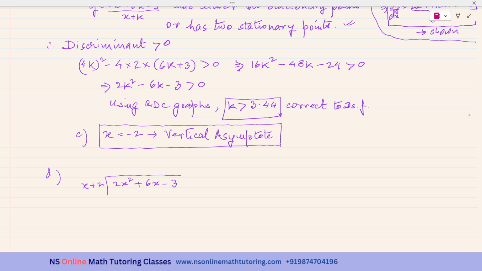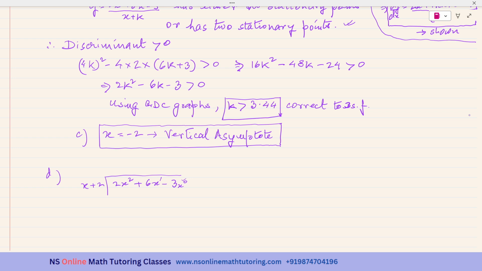But for students who want to learn long division, first of all, the dividend should be containing every power of x, starting from the highest power. In this case, the highest power of x is 2. So this is 2, 1, and this is the constant term, which is x to the power of 0. So you are having every power of x. If you do not have one term with each power of x, you have to insert that term with a 0 coefficient.